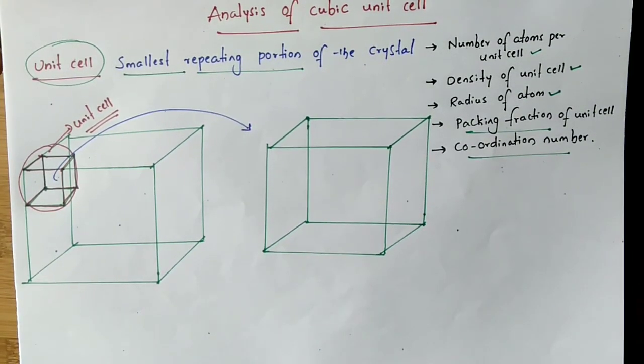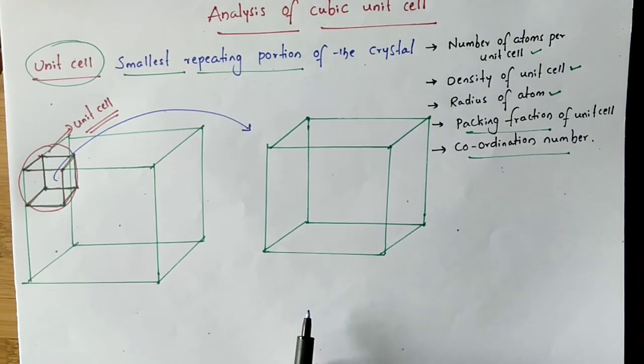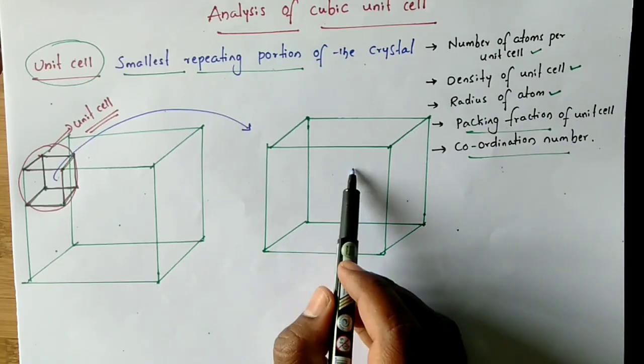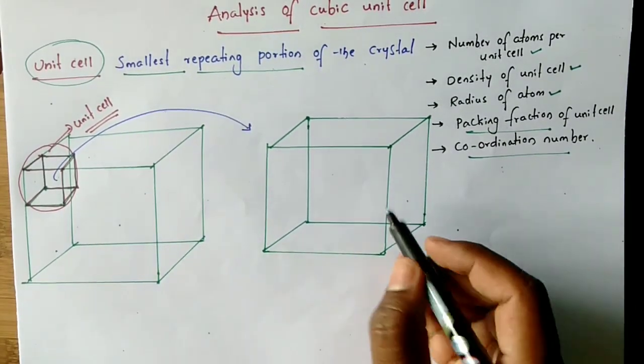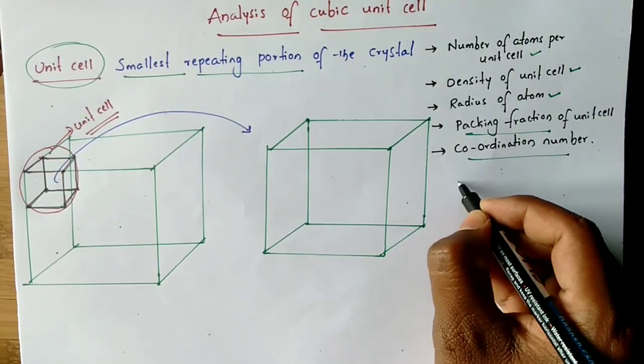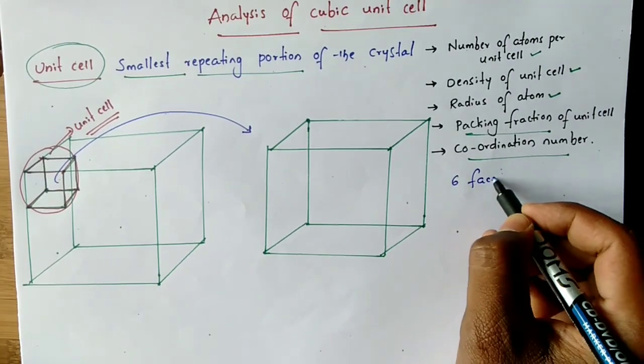If you imagine a room, that room contains 6 phases. What are the 6 phases? 4 walls around us, the ceiling is one phase, and the floor is one phase. So 4 walls, total 6 phases are there. So any unit cell contains 6 phases.